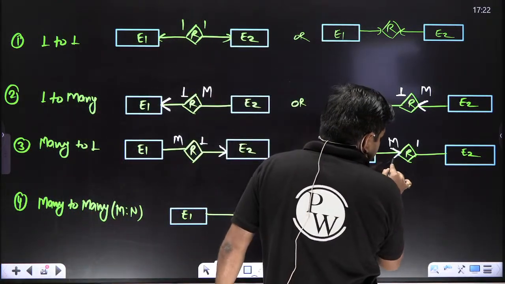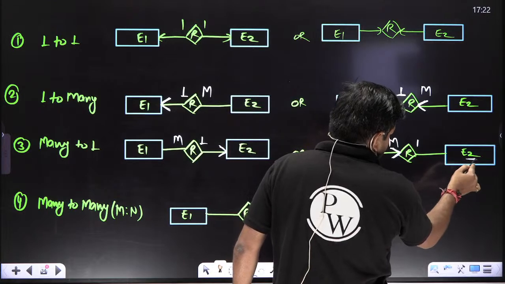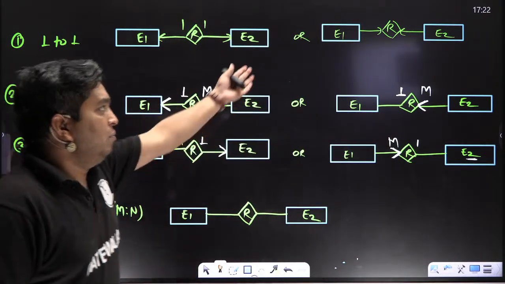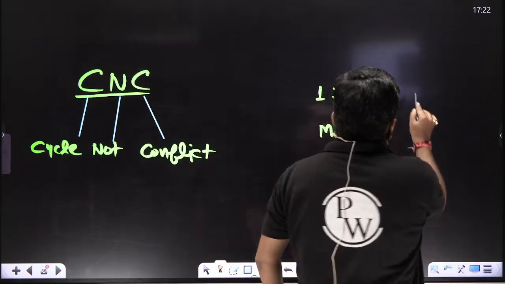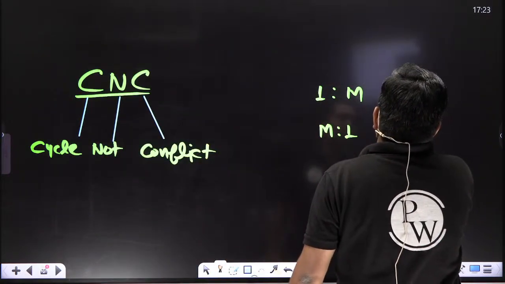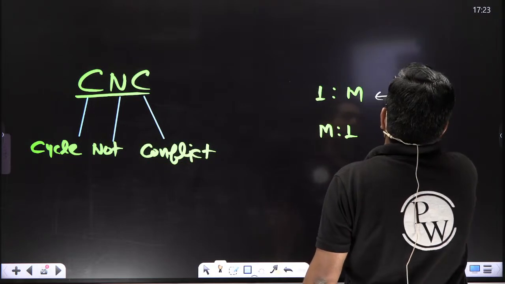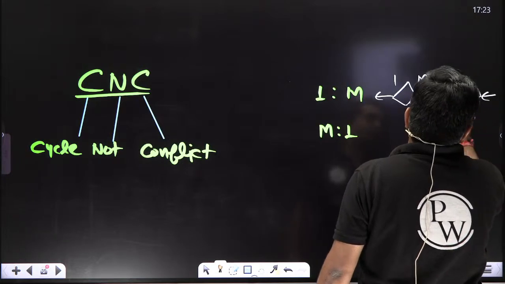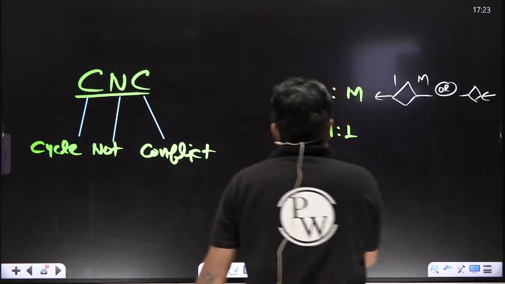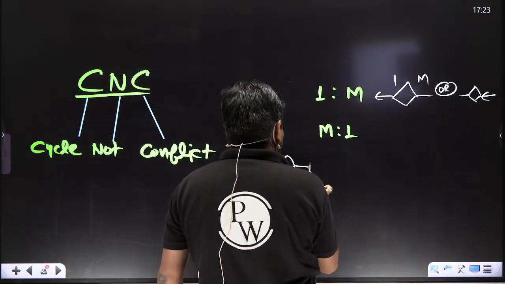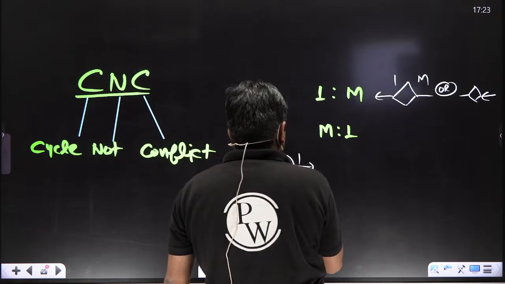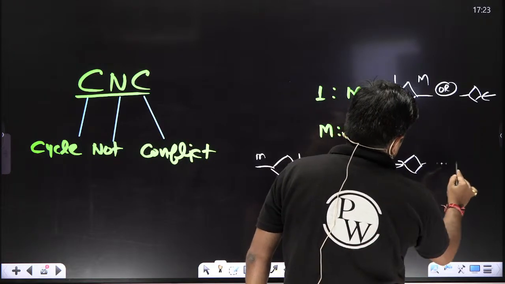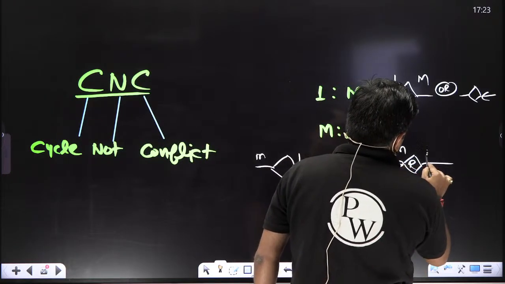One to one has arrows on both sides. Mean to say, you will get one to many in this diagram, or this diagram. Many to one, you will get this diagram, or this diagram, but don't be confused.